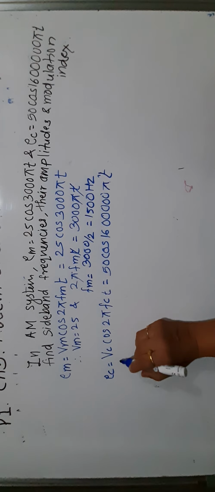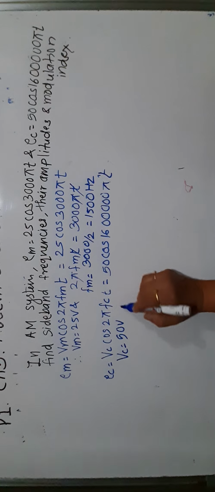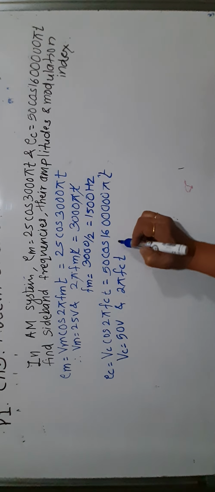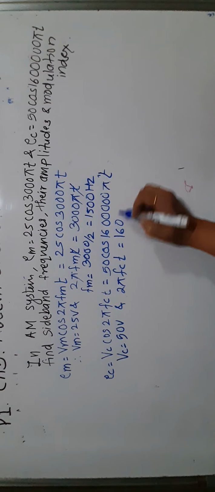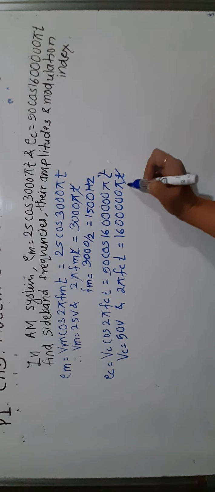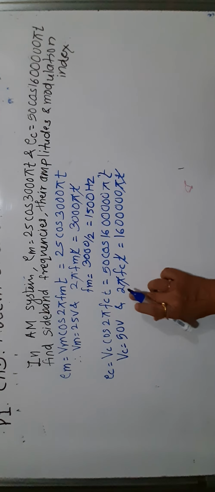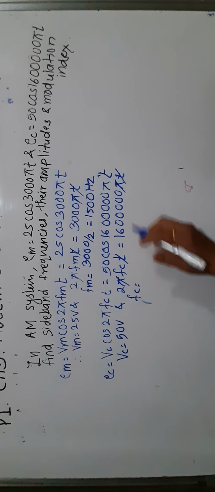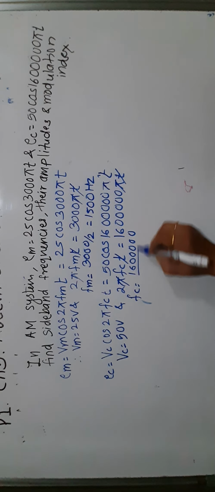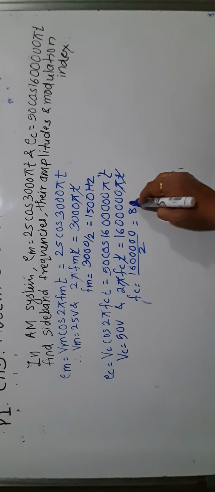So from this equation VC equal to 50 volt and 2 pi FCT equal to 16 lakhs pi t. So here t will get cancelled, pi will get cancelled. So we can write FC equal to 16 lakhs upon 2 equal to 8 lakhs.